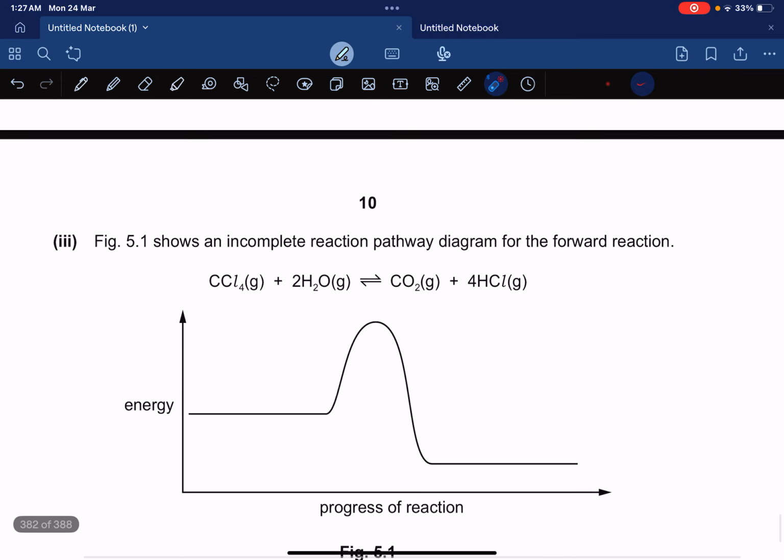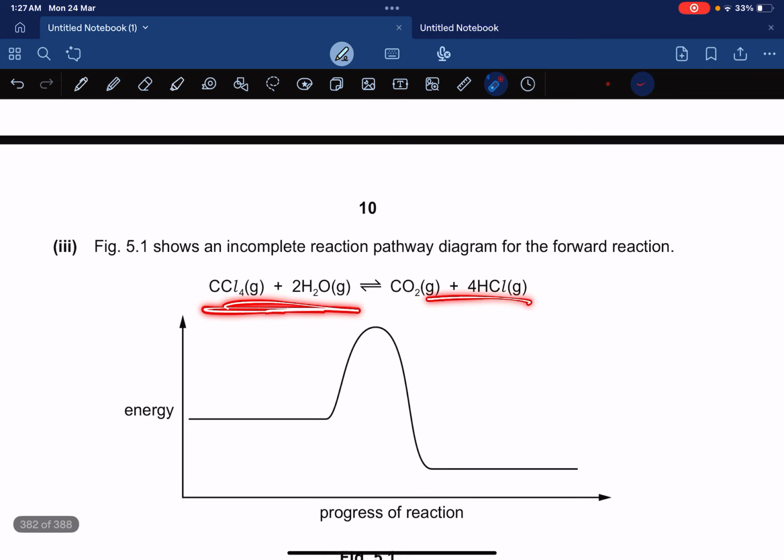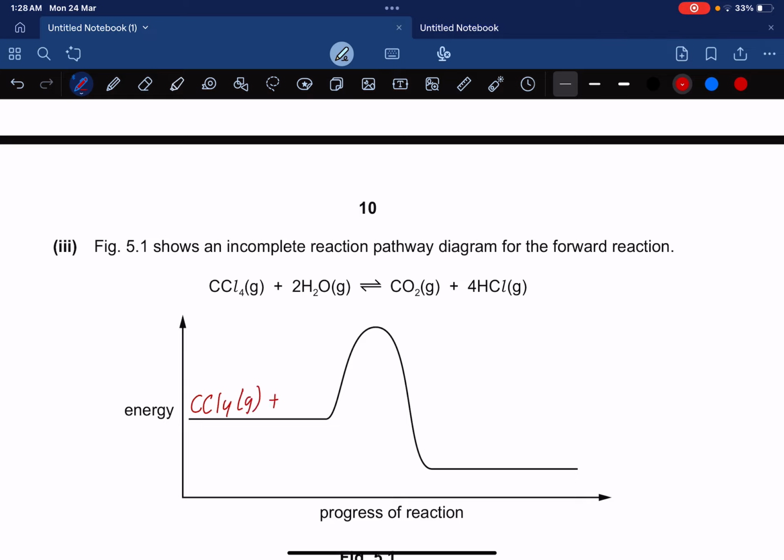We need to write this and this. These are our reactants and these are our products. So let's quickly write them down. The reactants are CCl4 gas plus 2H2O gas, and the products are CO2 gas plus 4HCl gas.